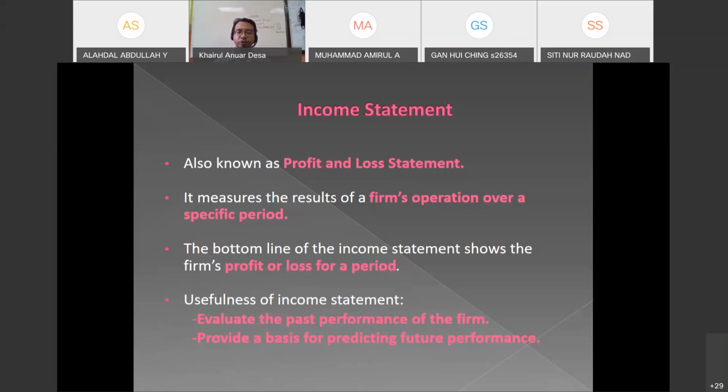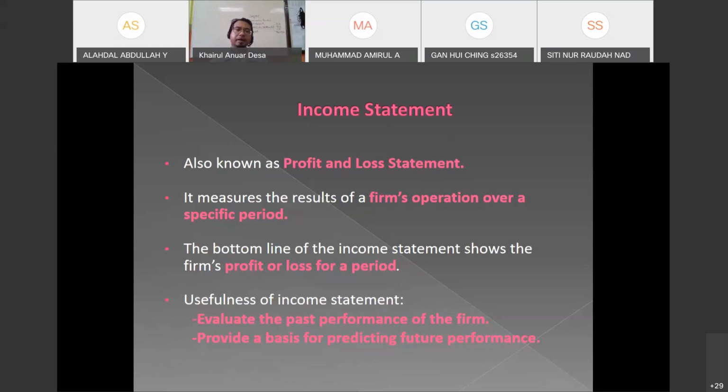Normal. Most of the companies start their financial statement from 1st January to the 31st December every year. Kebanyakan syarikat. But some of the companies start their annual report, their financial report from, let's say, March. Okay, 1st March and end with 28th of February next year.